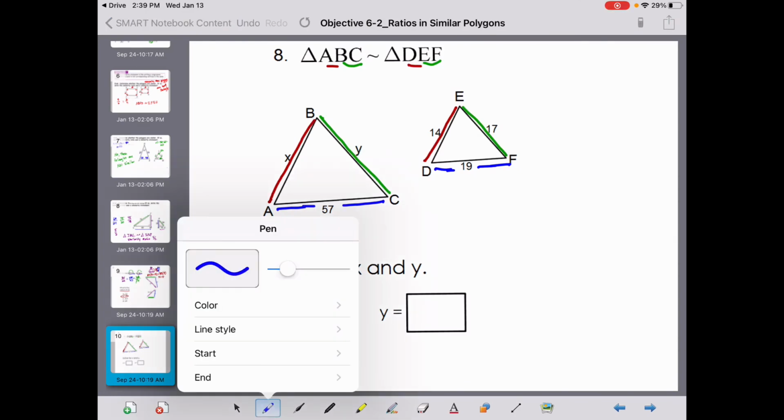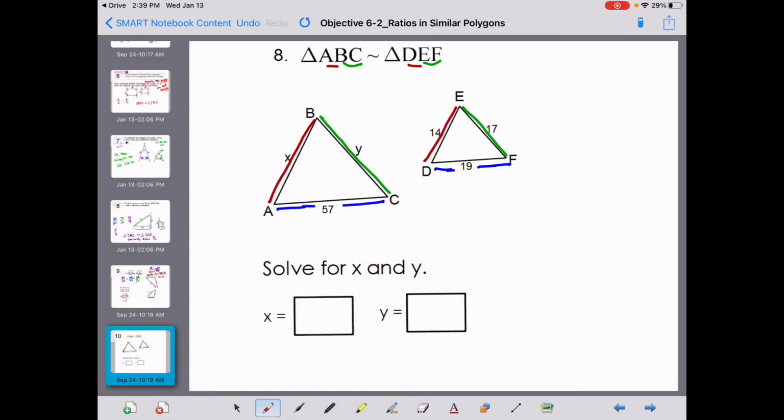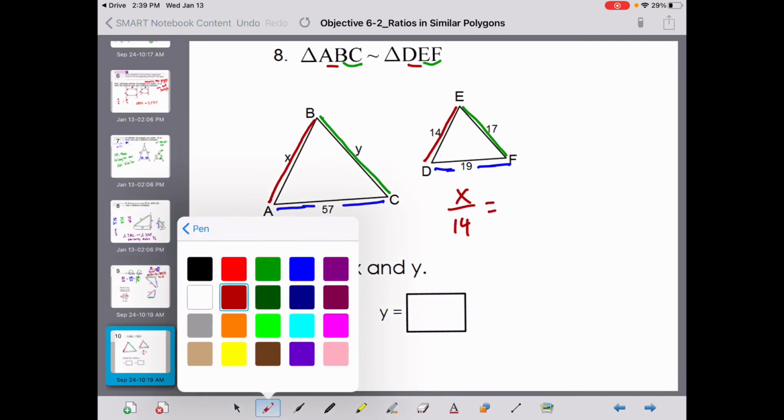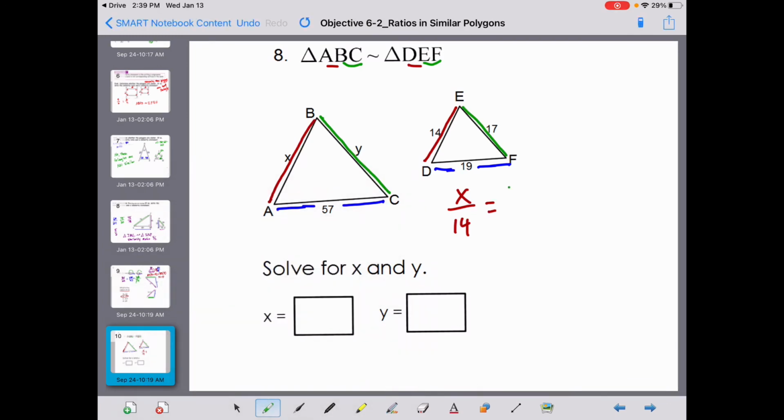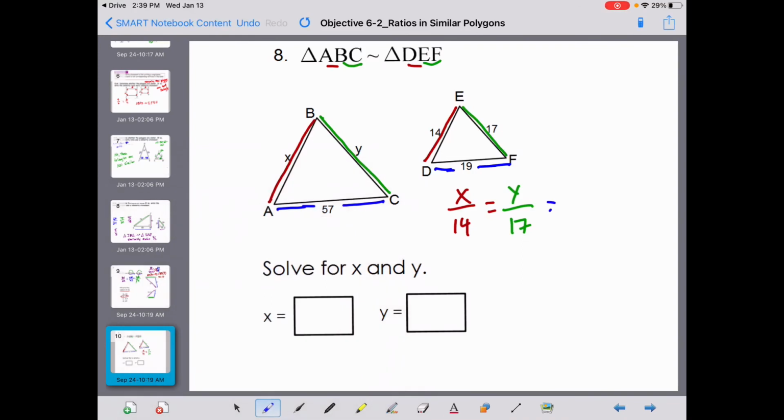So let's set up my proportions. X over 14 equals Y over 17. And now blue, 57 and 19.